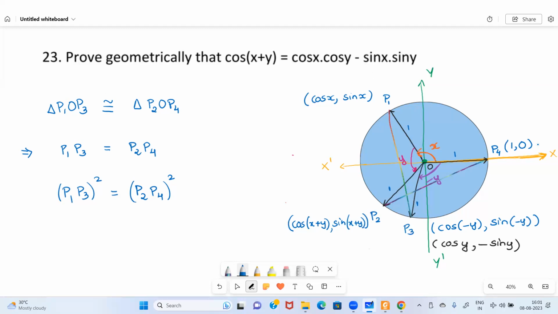Now, when I'm doing P1, P3, probably I'll take this as x1, y1. Or this is x2, y2. Distance formula is root of, either you can take x1 minus x2 or x2 minus x1. Doesn't matter because you're squaring it.